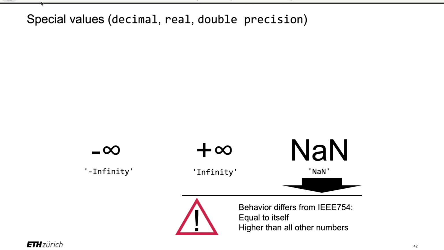Yes? Not a number, not any number, exactly. That's typically what you get, for example, if you divide by 0, you know you cannot divide by 0. And so if you try to do that, then you get NaN, right? Not a number, right? So infinity, minus infinity, and NaN, these are just special numbers that are encoded in a specific way, can be very convenient, right? All right.